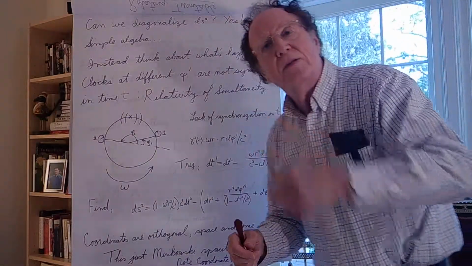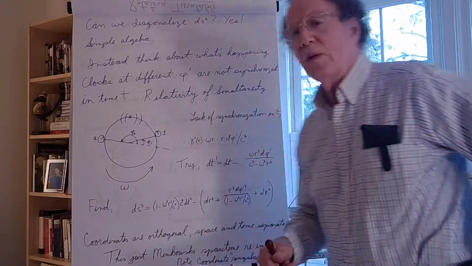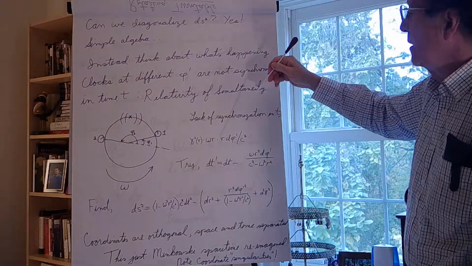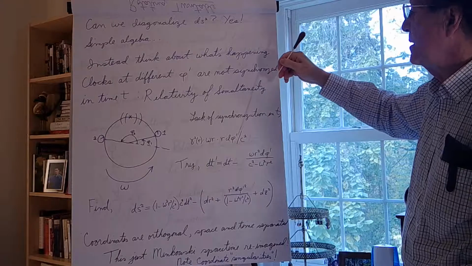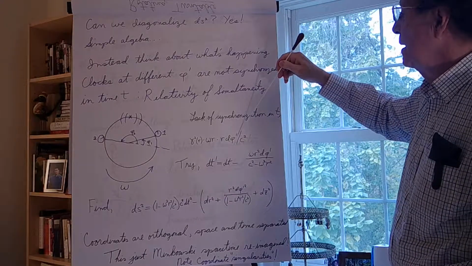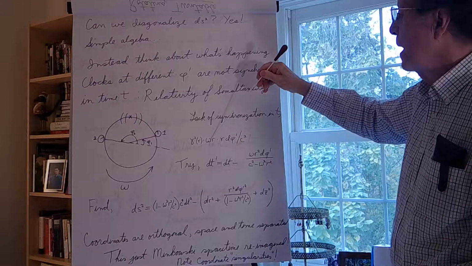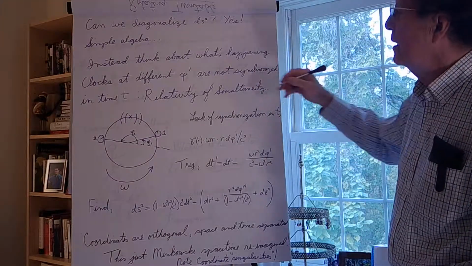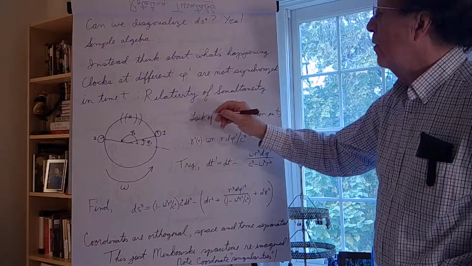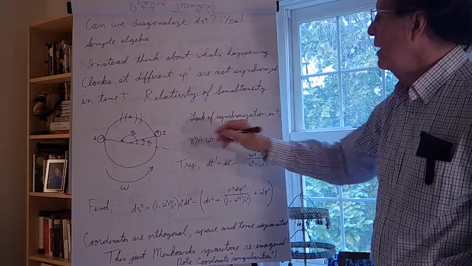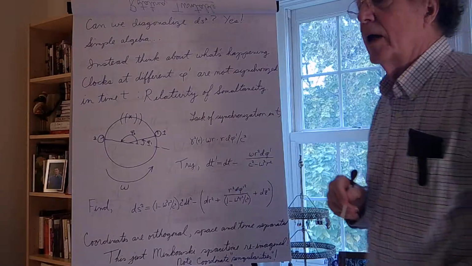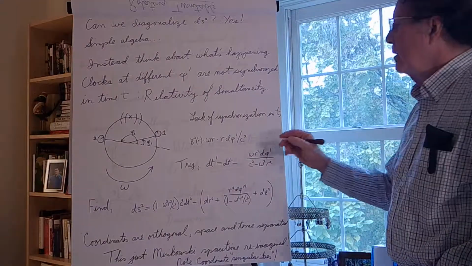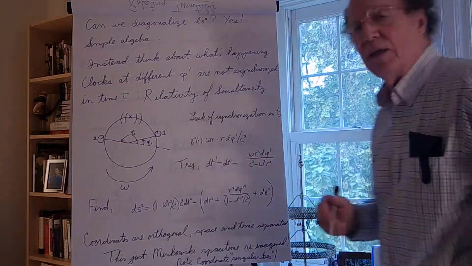Well, I flip back to my special relativity textbook and I look it up, and I see that the lack of synchronization will be the distance that they're displaced in the moving frame times the velocity times 2 factors of gamma. One factor of gamma for the Lorentz contraction, okay, between the 2 points as observed from the inertial frame, and another factor of gamma from time dilation. Okay, so this is the lack of synchronization in t.